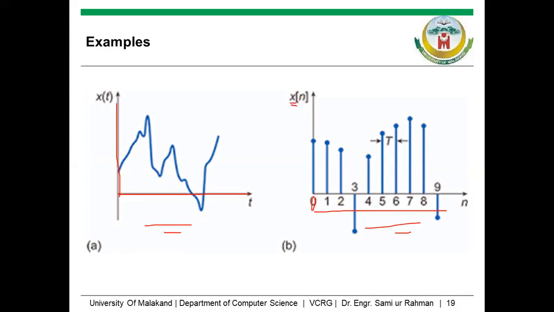So these are discrete values. There is no value between time 0 and time 1, and there is no value between time 1 and time 2.